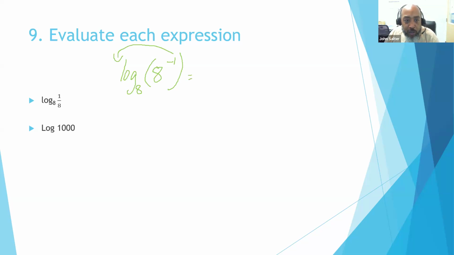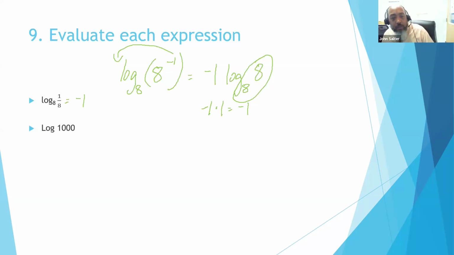So this could also equal -1 times log base 8 of 8. And whenever my argument and my base are the same number, that means that the whole log is equal to 1. So this is really -1 times 1, which is -1. Log base 8 of 1/8 is equal to -1.